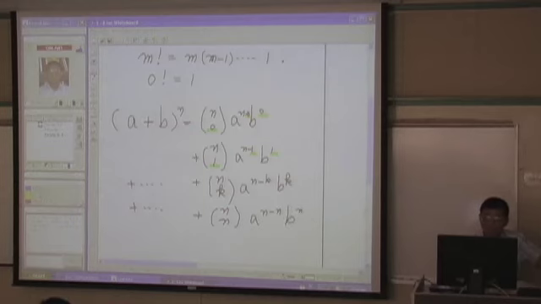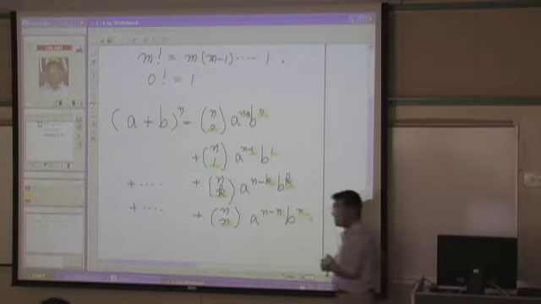So I match these numbers. So this is the binomial theorem.